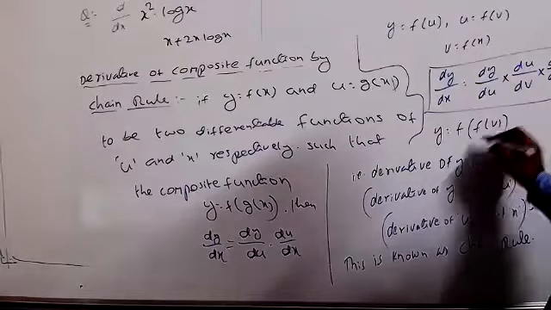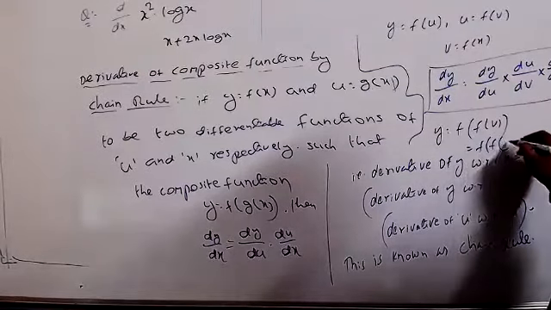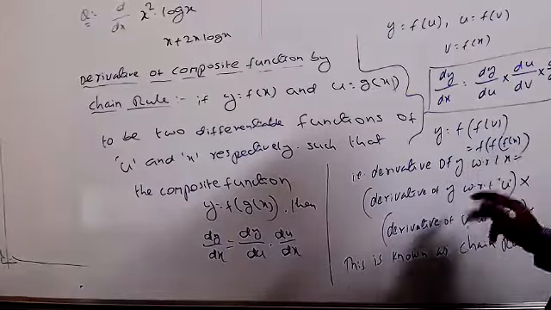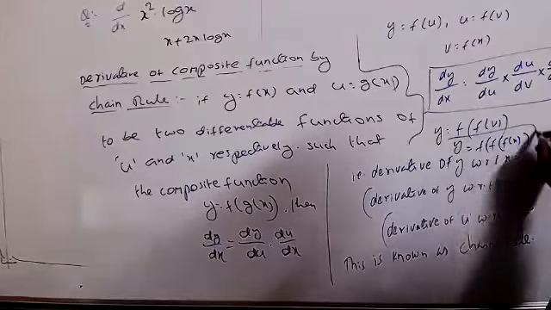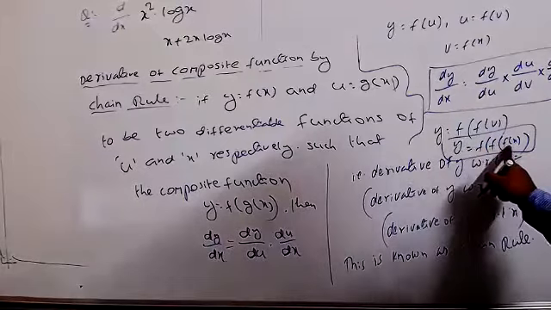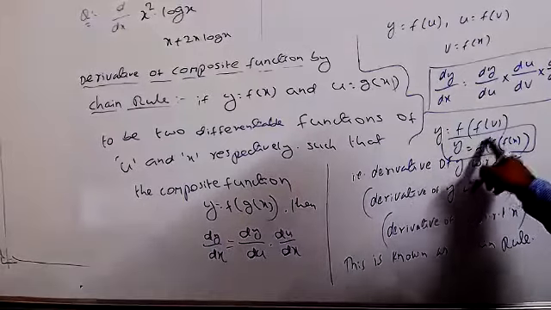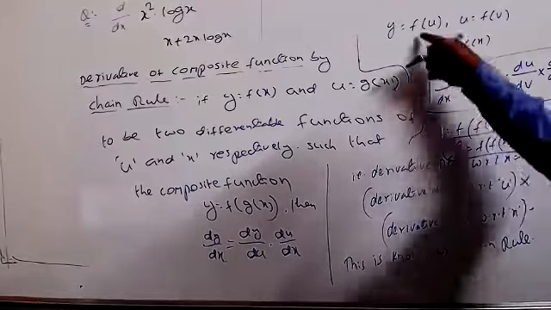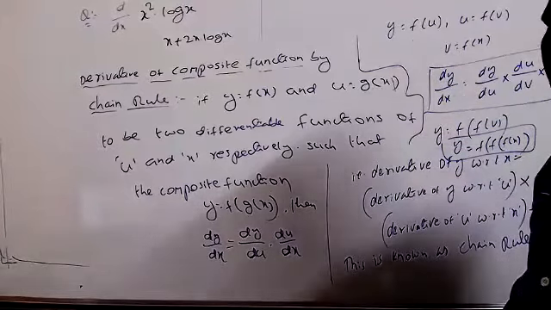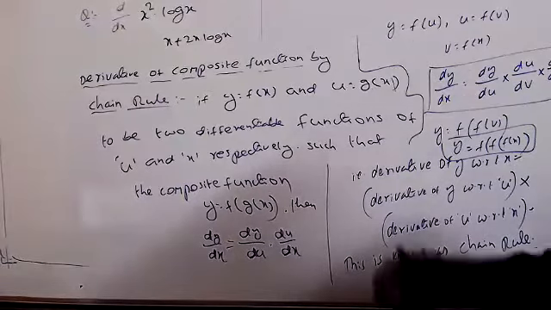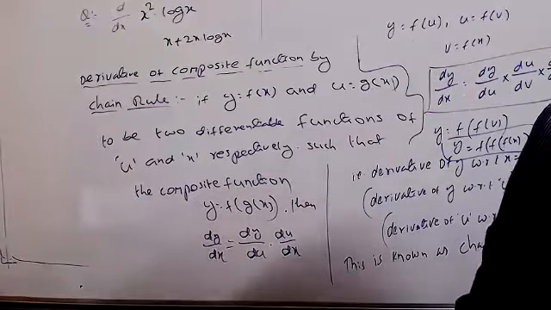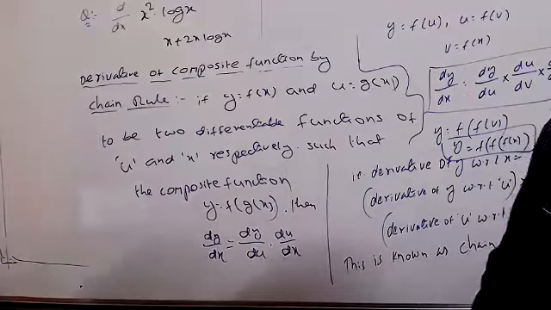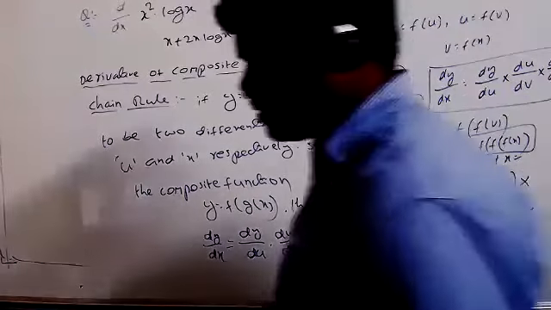That means this can be written as f of x. Then what do you call this one? The composition. So when these three functions are combined, we call it the composition of functions. This is what we call the chain rule. Now based on the chain rule, we'll solve a few questions. First copy this, and we'll start the questions.